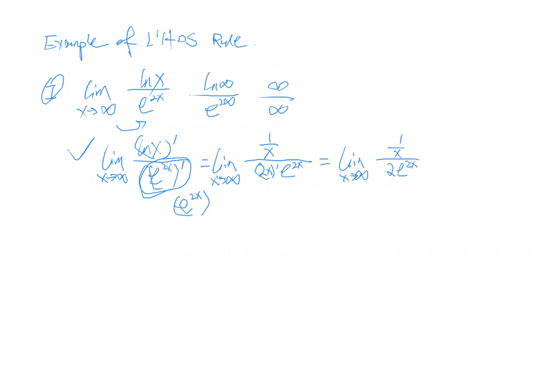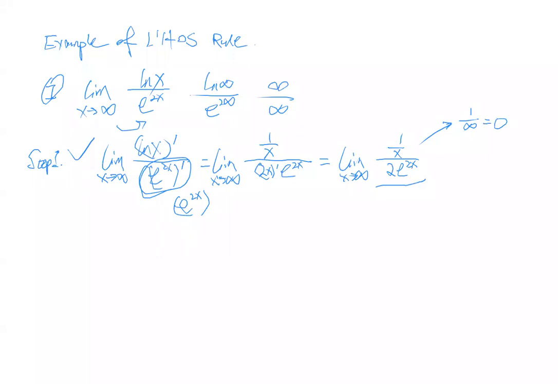So what do we do now? Let's call this step 1. After each step of this derivative, we need to check if it's still a ratio of infinity over infinity or 0 over 0. So here, if you put infinity inside, for the numerator you get 1 over infinity, which is 0, right?